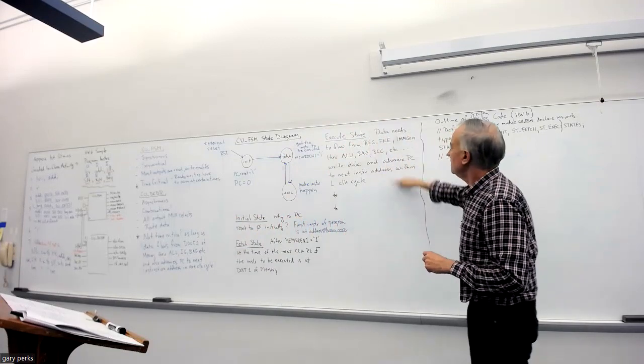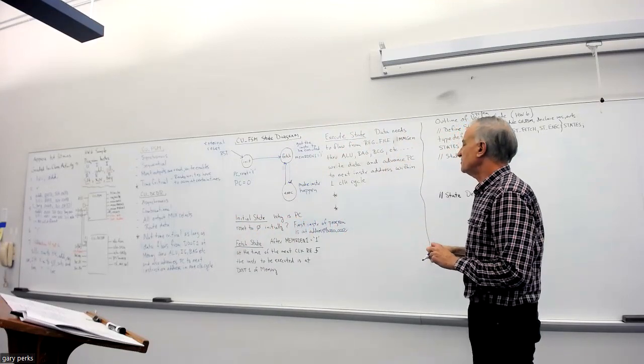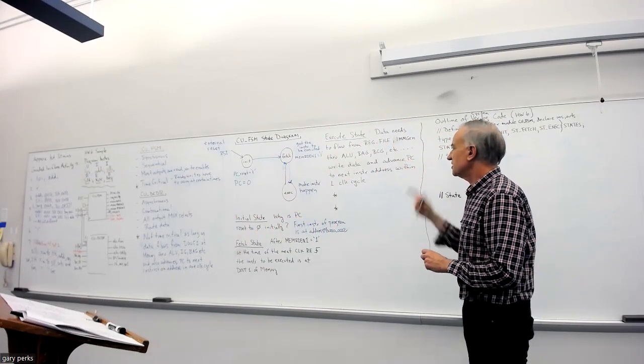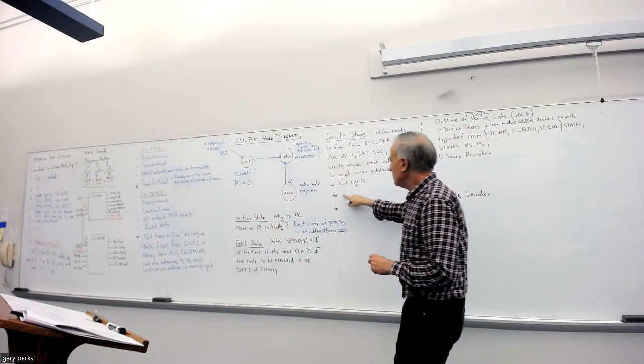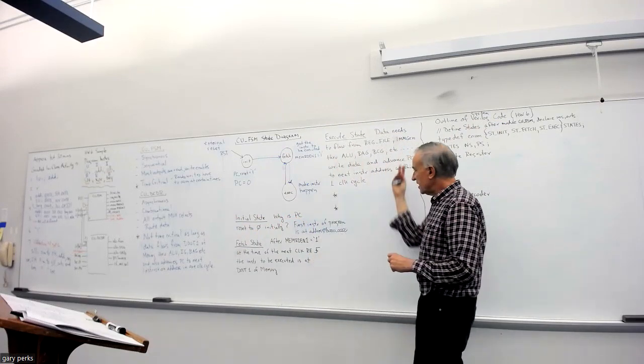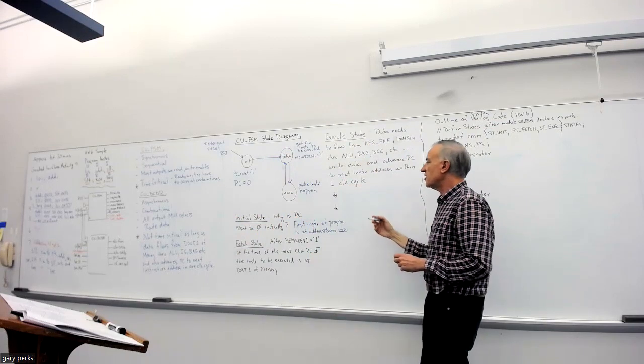Okay, so here I just repeated things that I said. I just wanted to have it written down. You should expect everything that I said. But key points again: the data is going to progress through in 1 clock cycle.